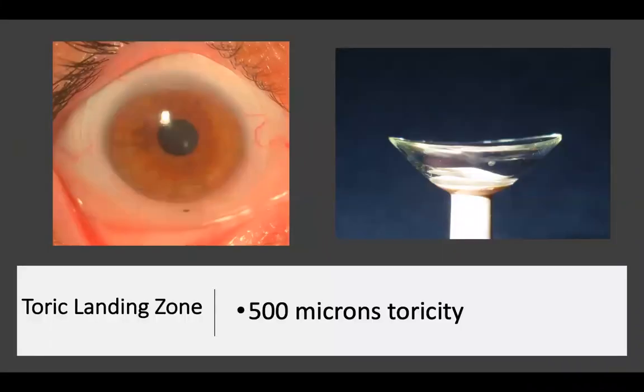In order to best align this patient's eye with toricity, we had to design a lens that had 500 microns of back surface toricity within the landing zone. Para poder dejar este lente, se tuvo que agregar 500 micras de toricidad en la parte posterior del lente, y como pueden ver el resultado en la foto izquierda.